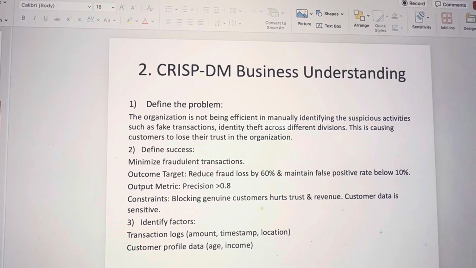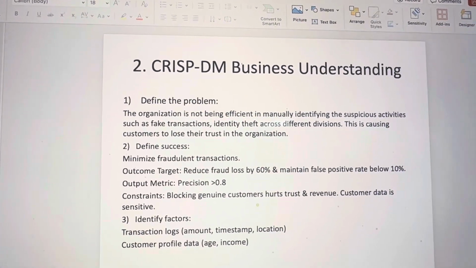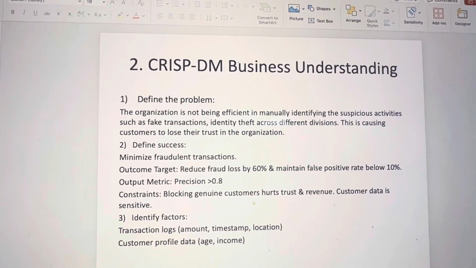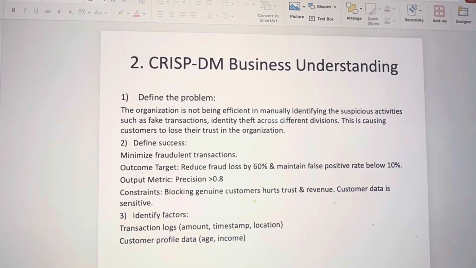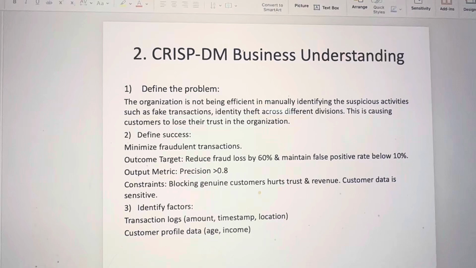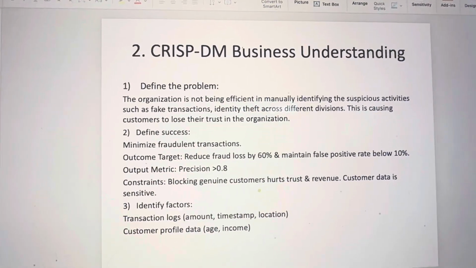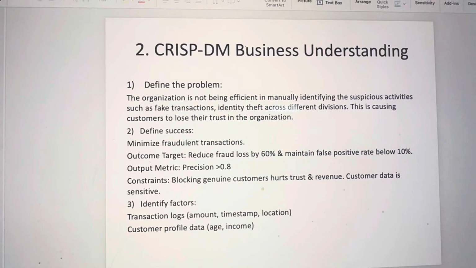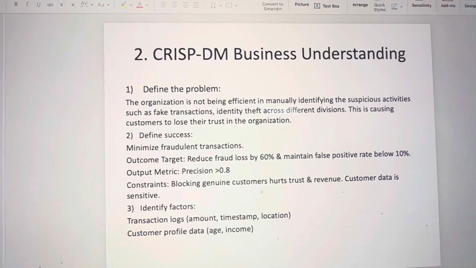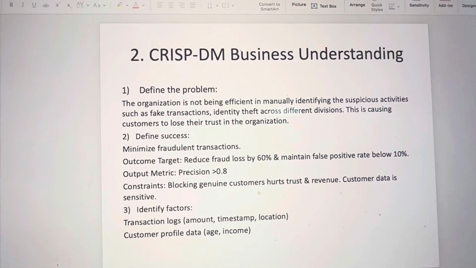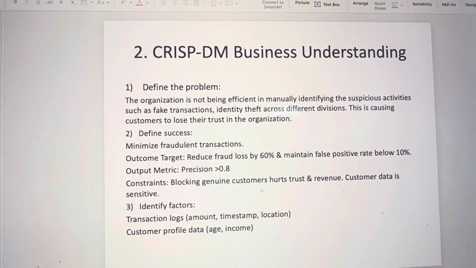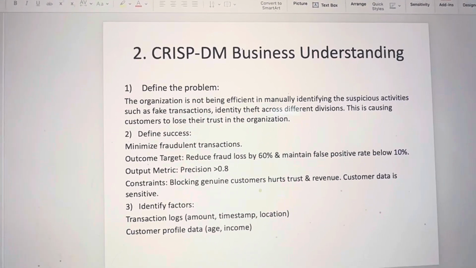The organization doesn't want that to happen. So the outcome target should include the false positive rate also. And the output metric we have to use is precision greater than 0.8, which means the positive predictions are more accurate and the false positives are fewer.